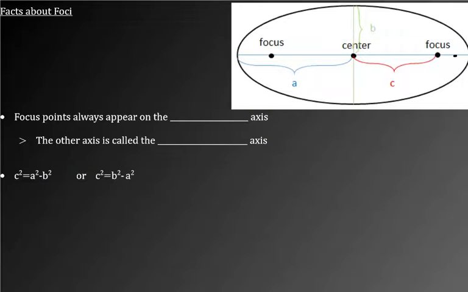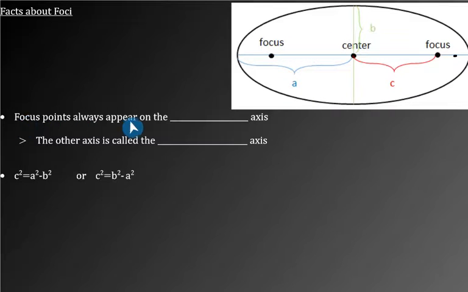All right, and we're going to use that because there are two formulas that pop up, and they play a role in the definition of an ellipse that we just talked about. So just to get started, there are two axes for ellipses, okay?